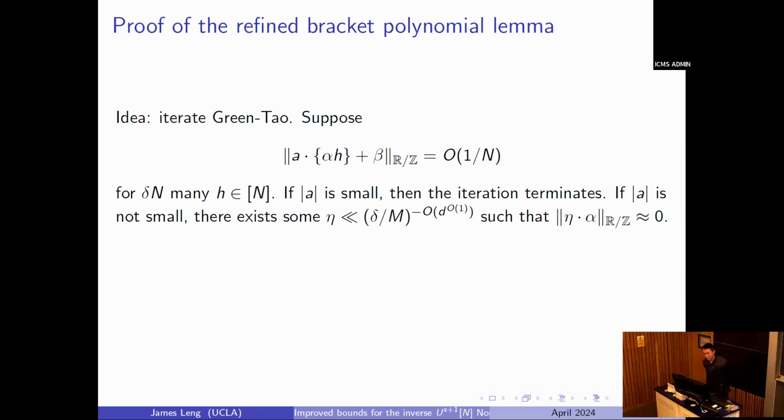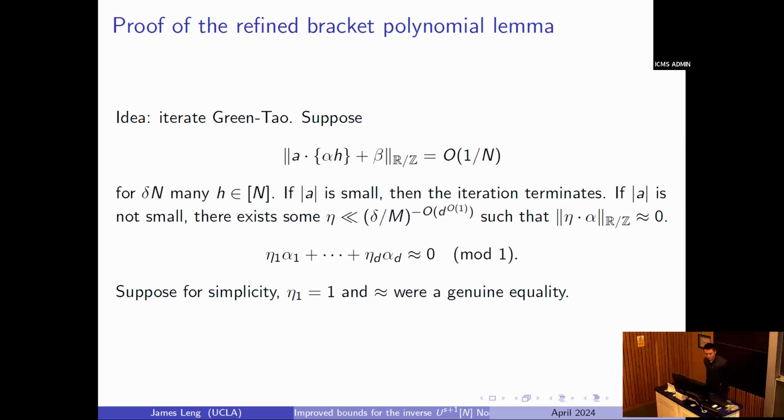bounded linear relation that alpha satisfies, or roughly satisfies. Or in other words, eta 1 alpha 1 plus eta 2 alpha 2 and so on, plus eta d alpha d, that's going to be really small. So suppose for simplicity that eta 1 is equal to 1, and that this curly bracket were a genuine equality.